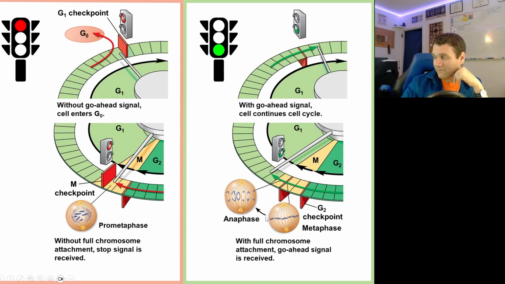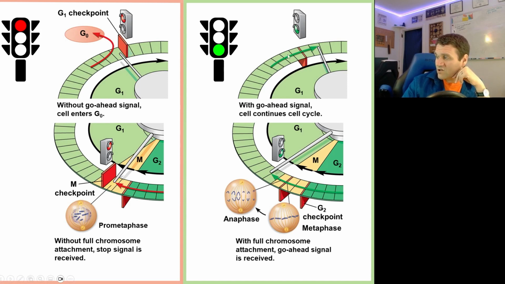If they have, there's proteins that'll verify that, and then they'll send signals, and we'll make sure that the whole process goes ahead. But you can imagine how if the attachment wasn't perfect, and we allowed it to continue anyway, we could get uneven separations of chromosomes, or of chromatids here, which would result in even more mutated cells.